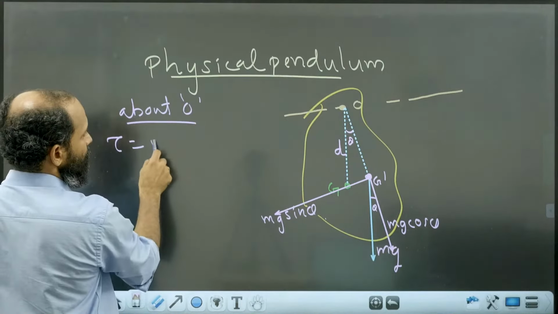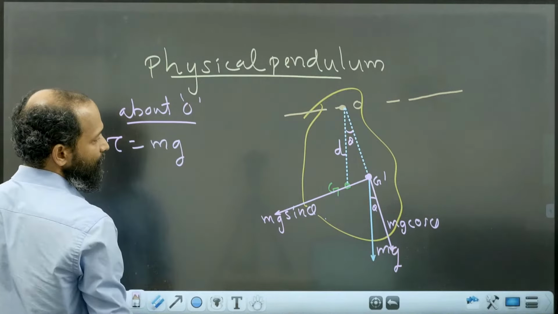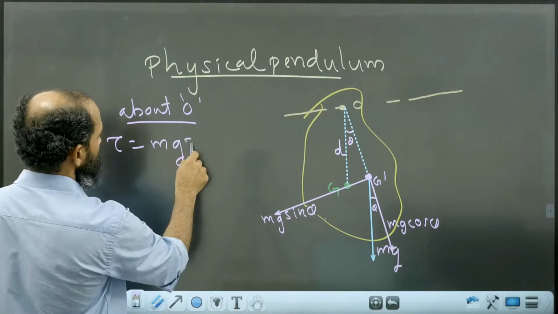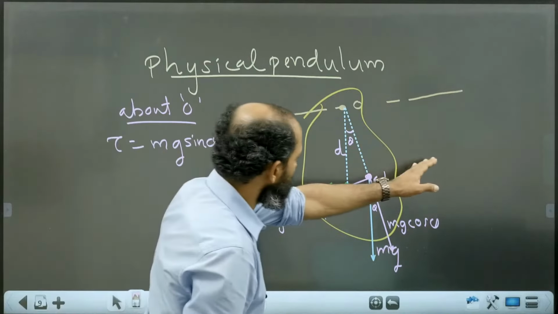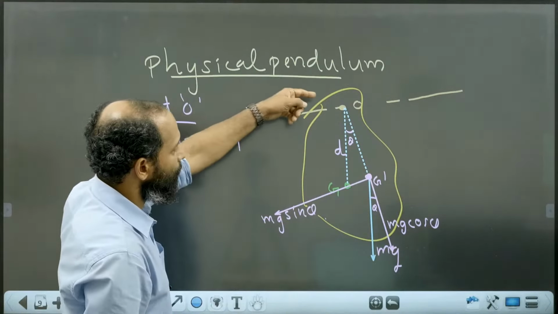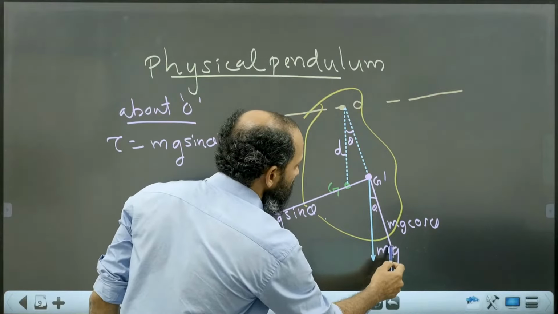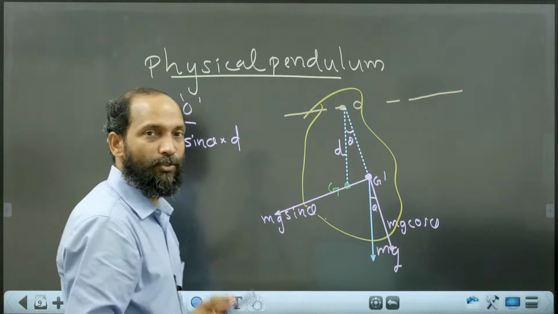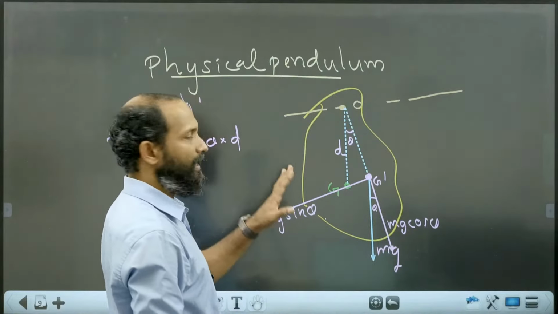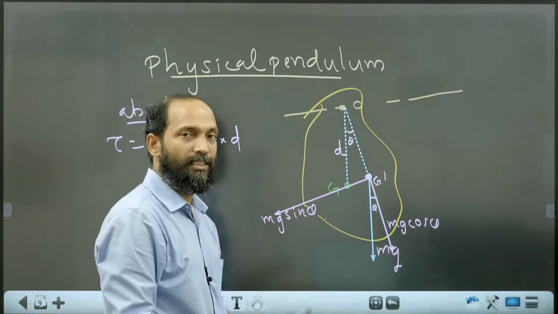Torque tau is equal to mg sin theta into d. Mg sin theta has the only torque about O, because mg cos theta's line of action passes through O. Any force whose line of action passes through the reference point cannot exert any torque.